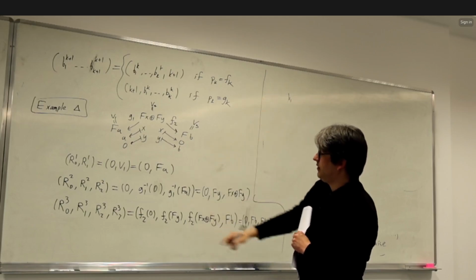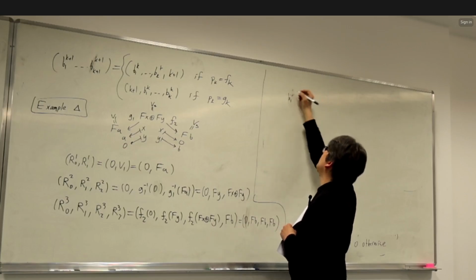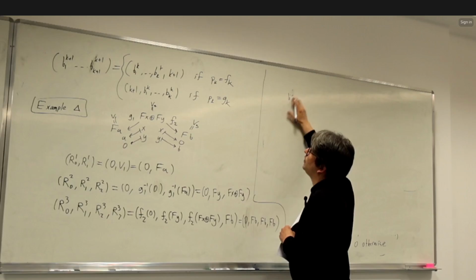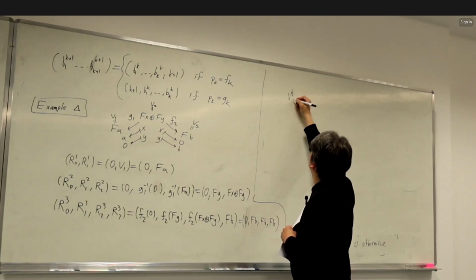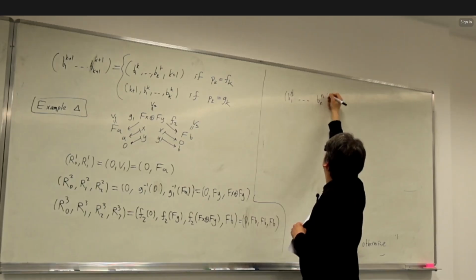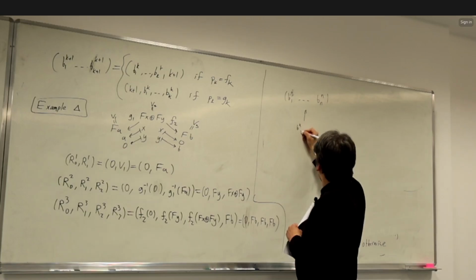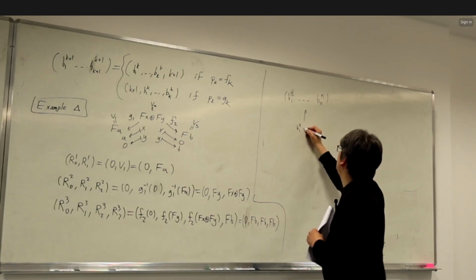Well, in this case, it will be b3. Or let me say it in general. So you will look at bn, bnn, and you will find where bk fits in.